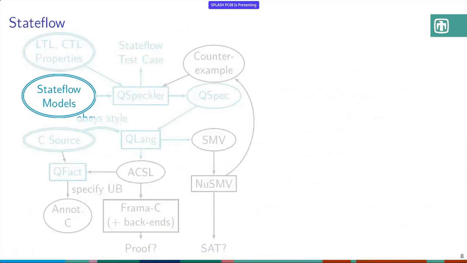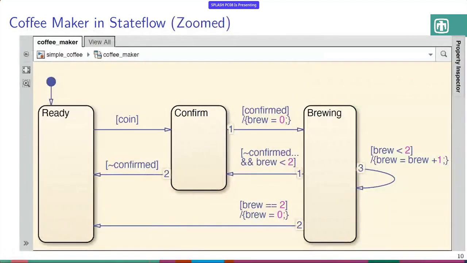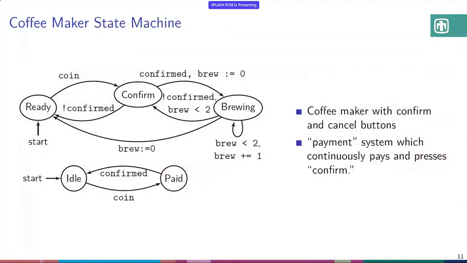So I'll first talk about the modeling languages. If you've ever used Stateflow before, this is sort of what they look like. The text is a bit smaller, I'll zoom it in a bit. There's some states, and they're interacting. And you can see here, there's guards along the transitions. But from here on out, I'll be talking in a more abstract sense.